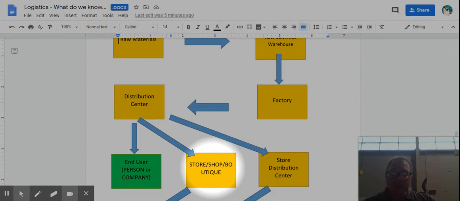But that's mainly oftentimes just for smaller types of stores. Although Remke is not a small store by any means, it's got more than a few locations here in northern Kentucky and Ohio. However, in the grand scheme of things, it's not a very large store chain.